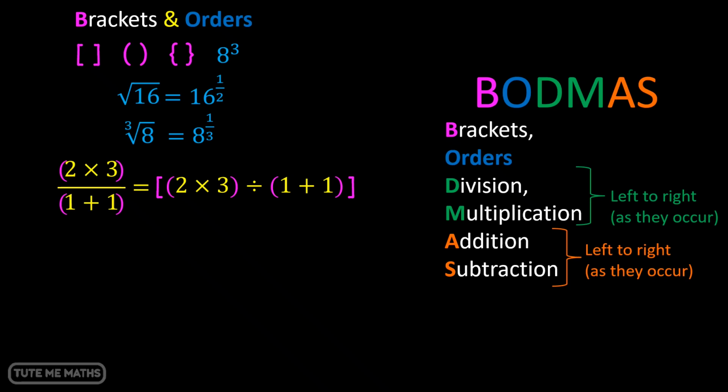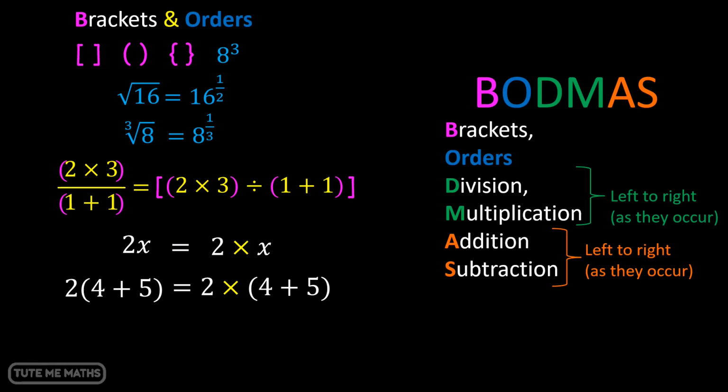Returning to BODMAS and our list of orders, we have one last mathematical notation that often causes problems. It's the process of leaving out multiplication signs to simplify an expression. We can do this between numbers and variables, or pronumerals, which are unknown numbers, or outside brackets, like this.